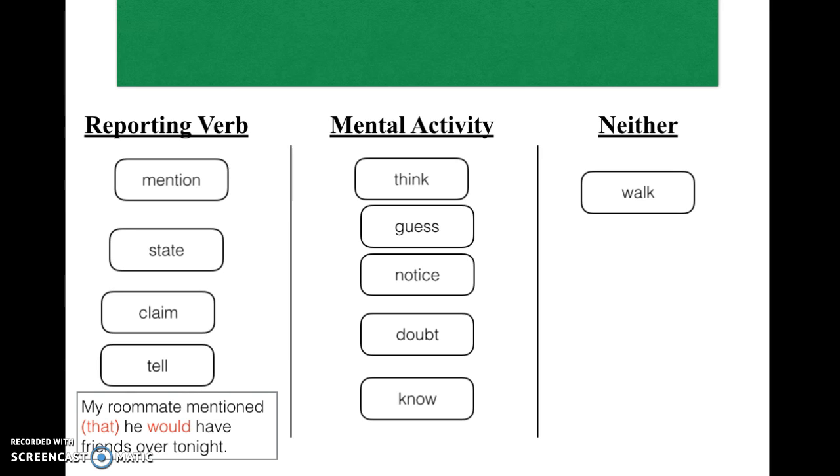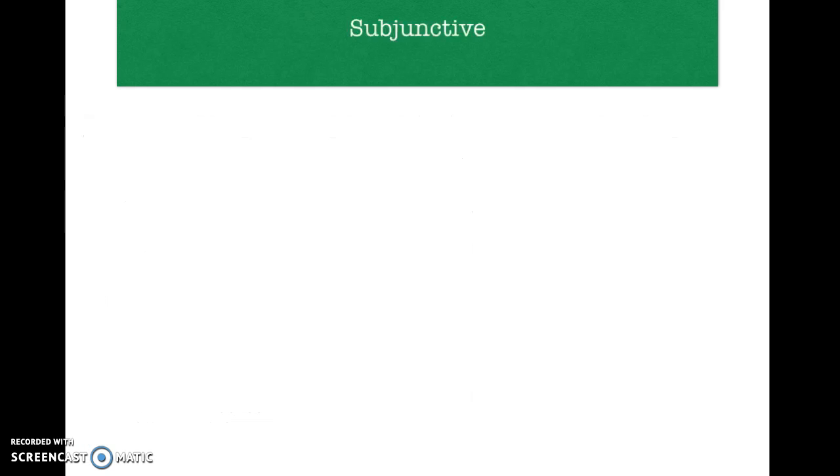Again, my roommate mentioned that he would have friends over tonight. Okay, my parents doubt that I will get into Harvard. So notice that it's optional. You can use it or you can omit it. It's up to you. But noun phrases beginning with that very often follow reporting verbs and verbs with mental activity.